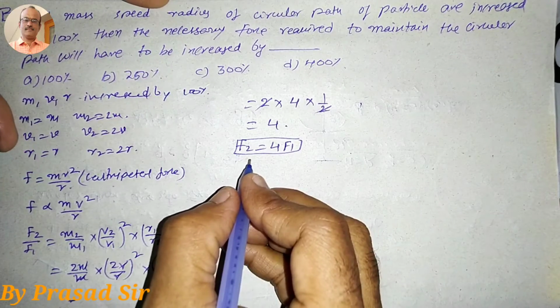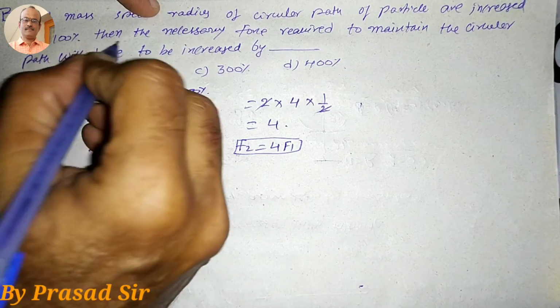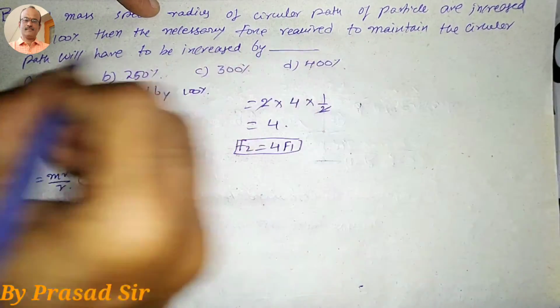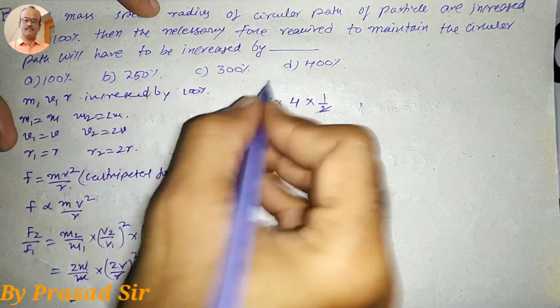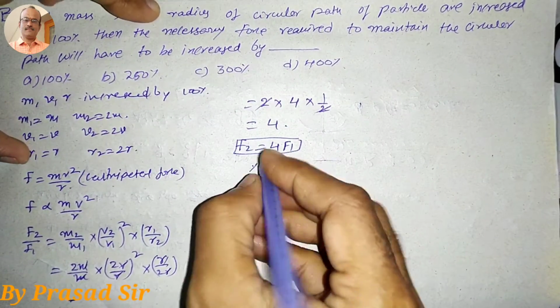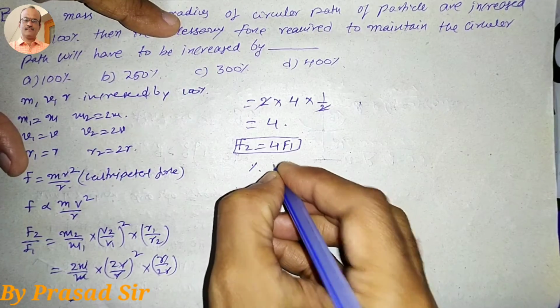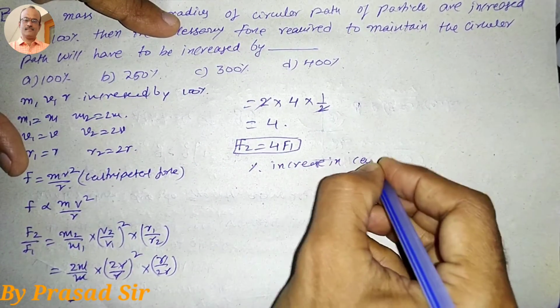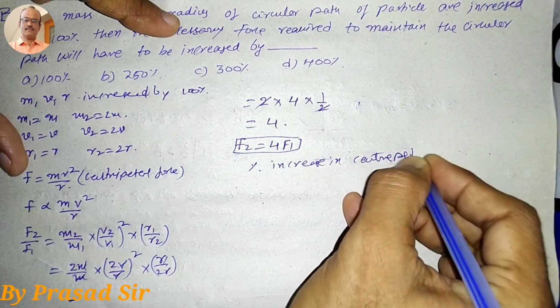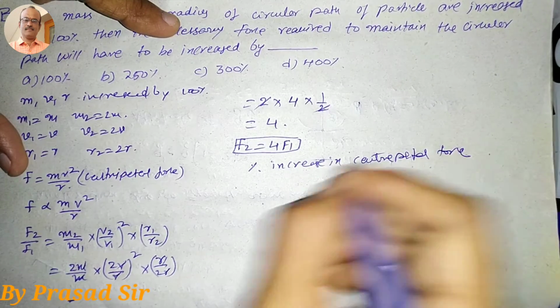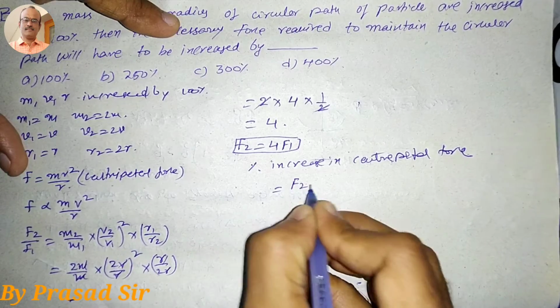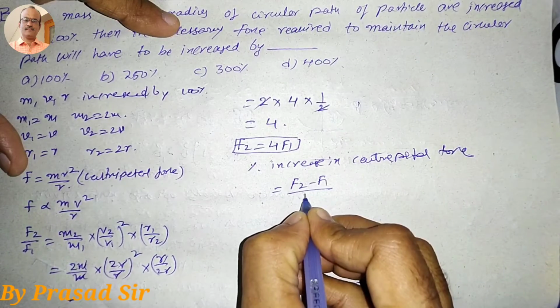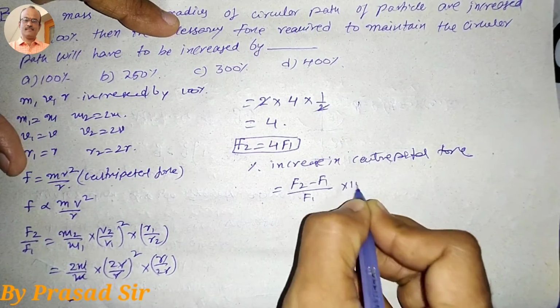Now which one is calculated here? The necessary force required to maintain the circular path will have to increase by what percentage. So the percentage increase in centripetal force is F2 minus F1 divided by F1 into 100.